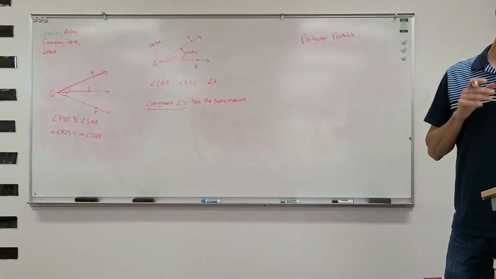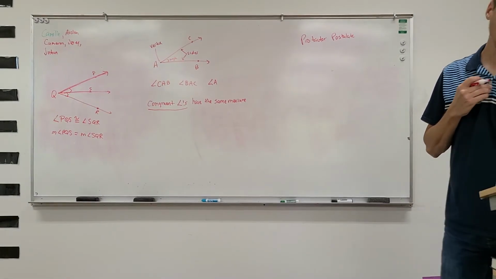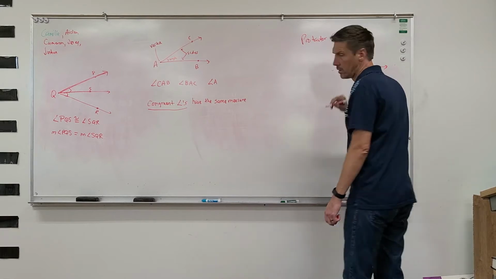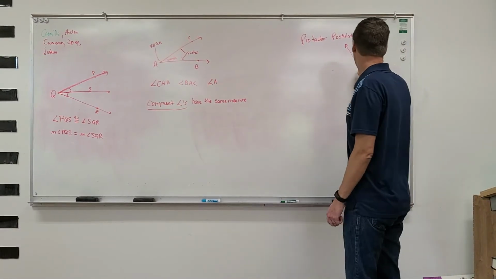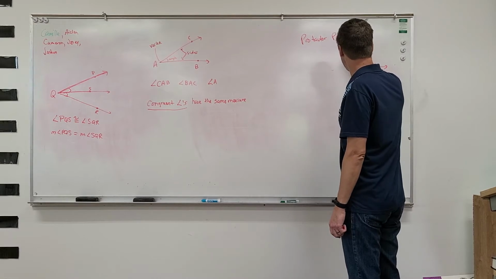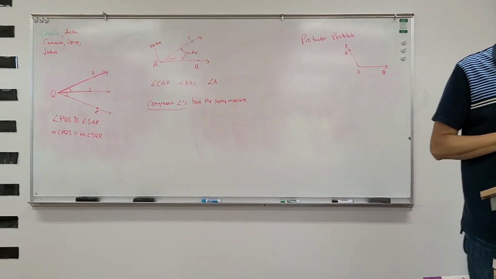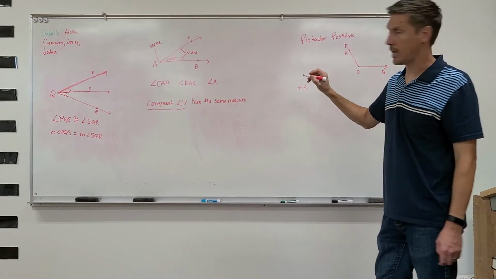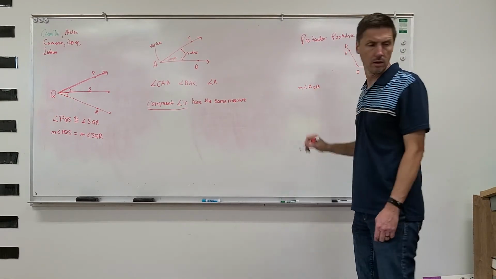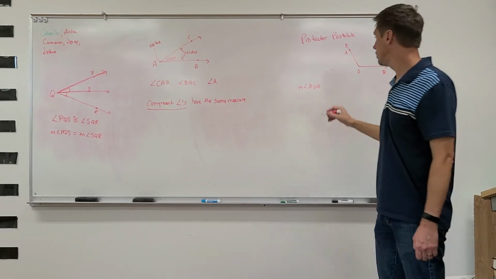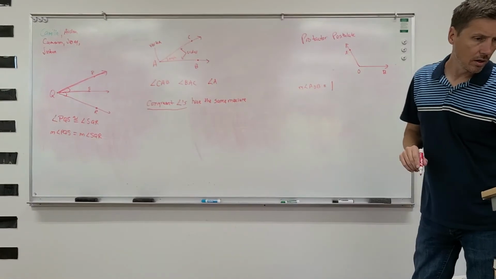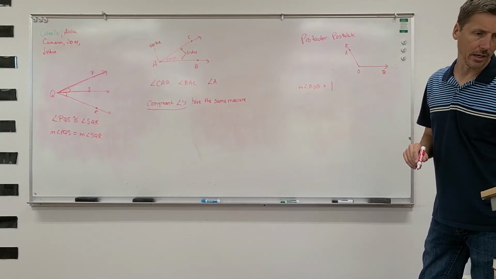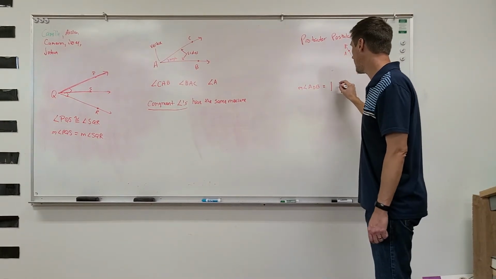I could rewrite everything that's in the book, but the thing you need to make sure you understand is that if you have this angle here, which they've labeled O, B, and then there's a point A right here, the measure of angle AOB is equal to the absolute value of the difference between the real numbers for ray OA and ray OB.